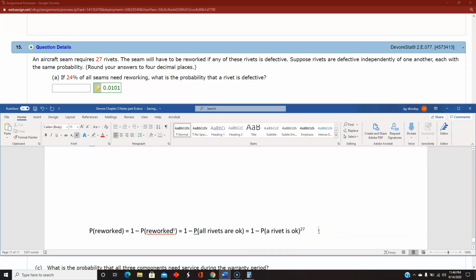And now what they say is 24% of the seams need to be reworked. So if I redo this entire equation, the probability that a seam needs to be reworked is 0.24.